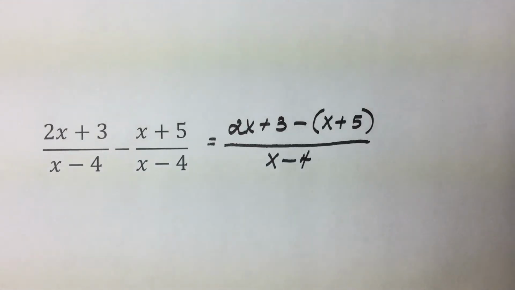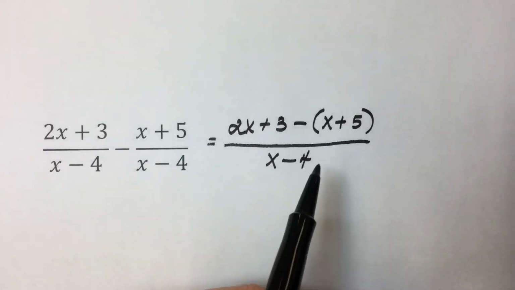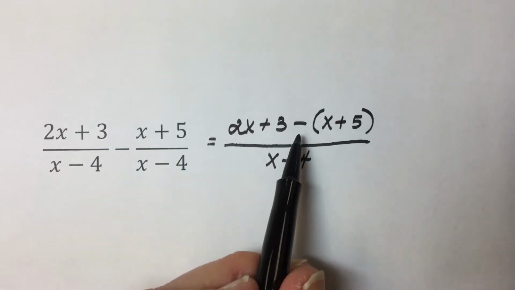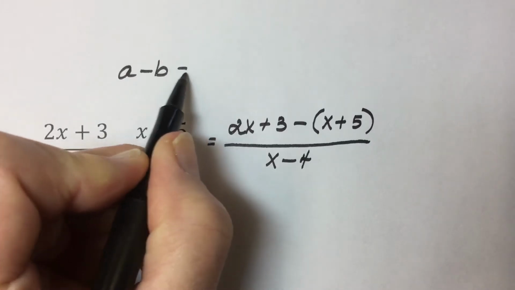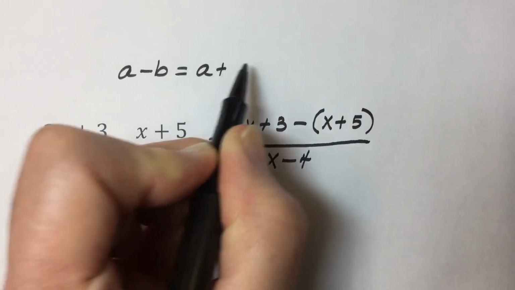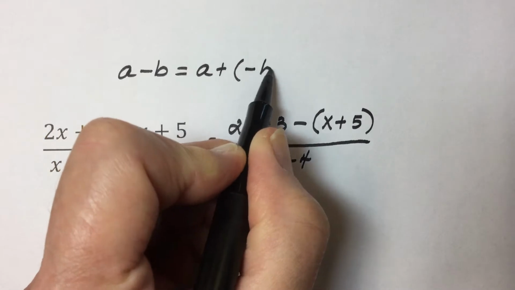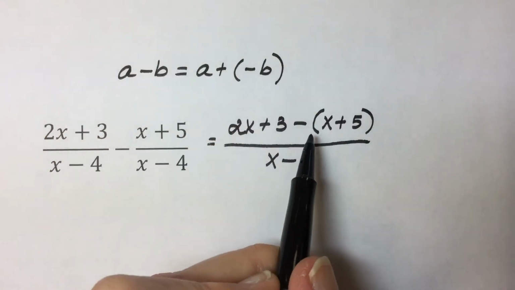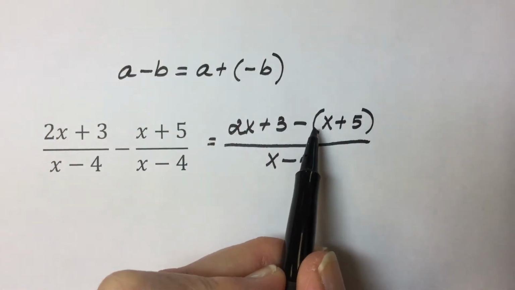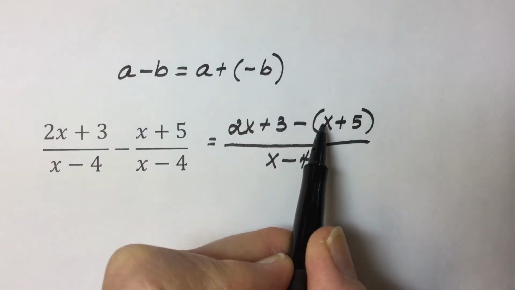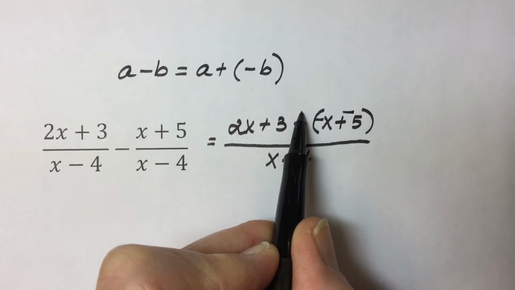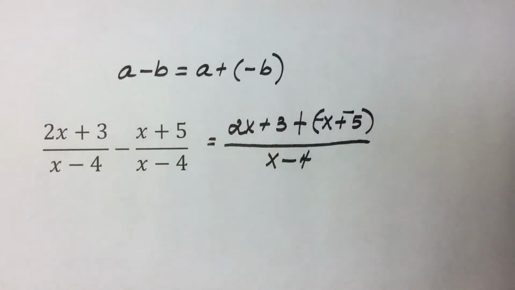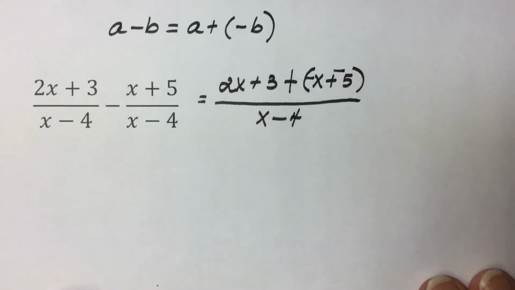Subtraction of a quantity is something we found earlier with subtraction of polynomials. We can change a subtraction by turning it into the addition of the opposite. And so we'll do that here by changing the x into a negative and the plus into a negative, and then we can add those together.